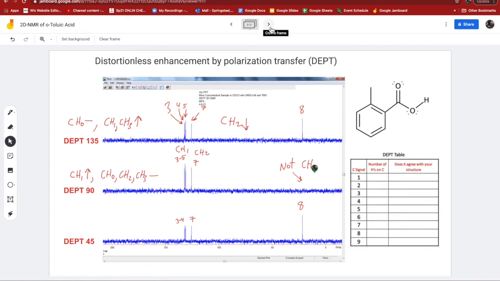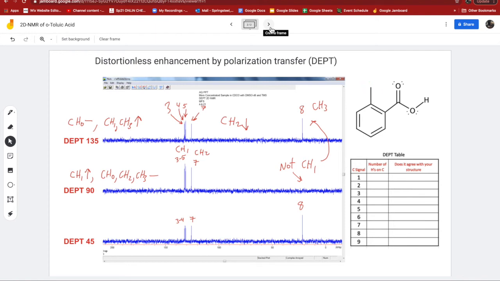This must be a CH3, and that should make sense to us too because we know we have the methyl on our ortho-toluic acid. That's going to show up in this 20 parts per million range, between 50 and 0 here, and it has 3 hydrogens, so nice, huh?